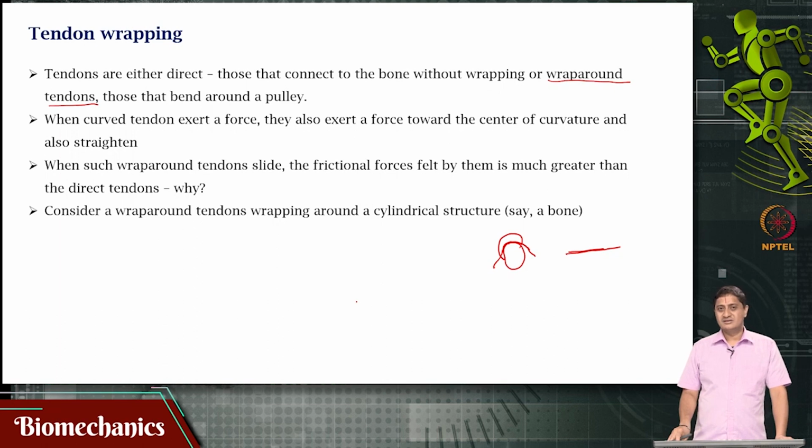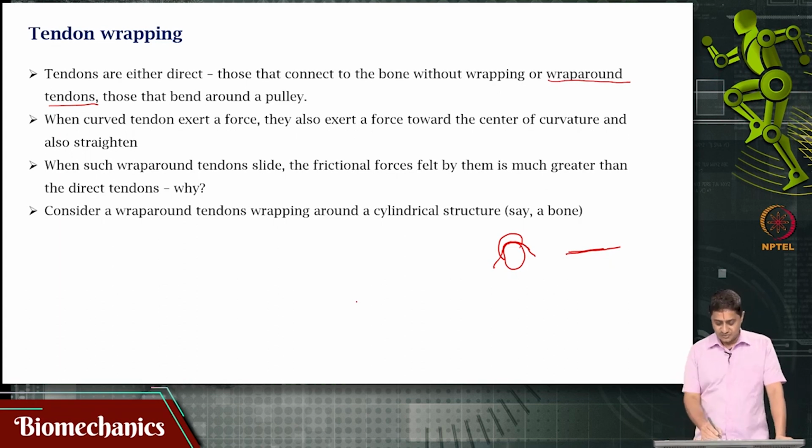Remember, the tendon from the quadriceps wraps around the patella. Why is this? Because there is a need to increase the moment arm. So, for mechanical purposes, there is this pulley kind of mechanism that is present.